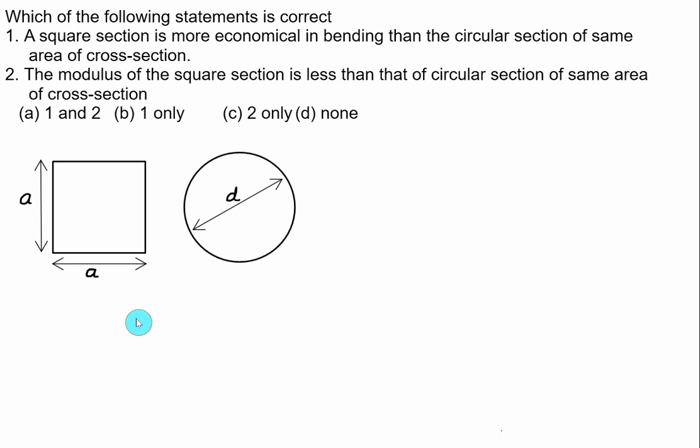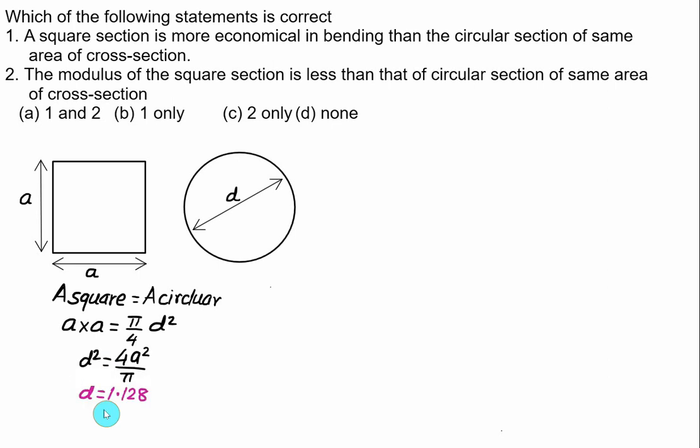The area of the square is A into A, and the circular cross section is pi by 4 multiplied by D square. Solving this, 4 is multiplied here, so we get 4 times A square divided by pi equal to D square, or diameter D is equal to 1.128 times A.